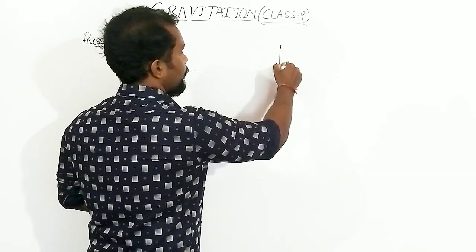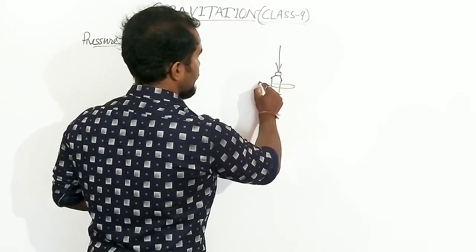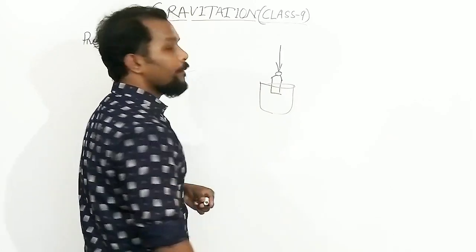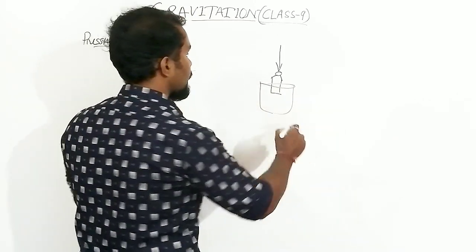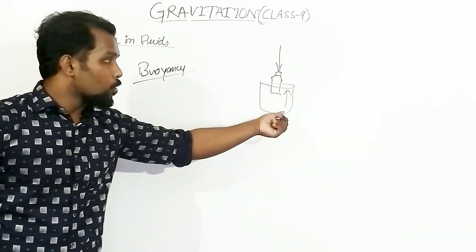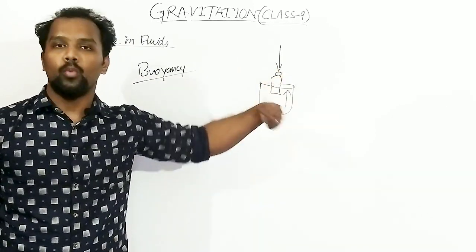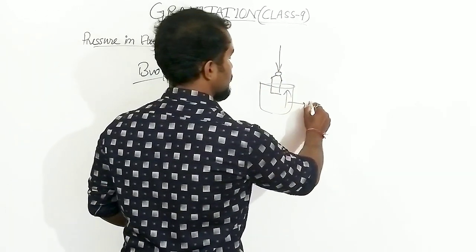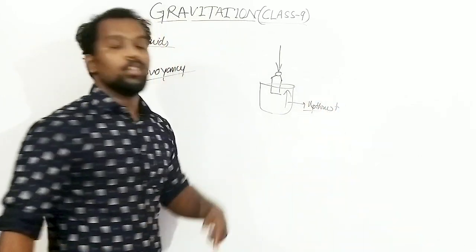If you are applying force on the bottle in the water, there will also be a force applied by the water in this direction. That force applied by the water on the bottle from the opposite direction is known as what? Upthrust. And thrust we have already covered.